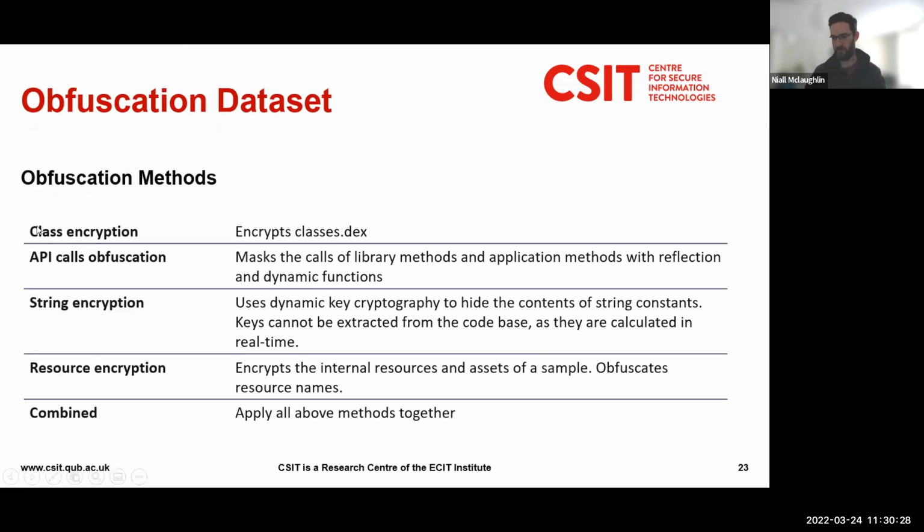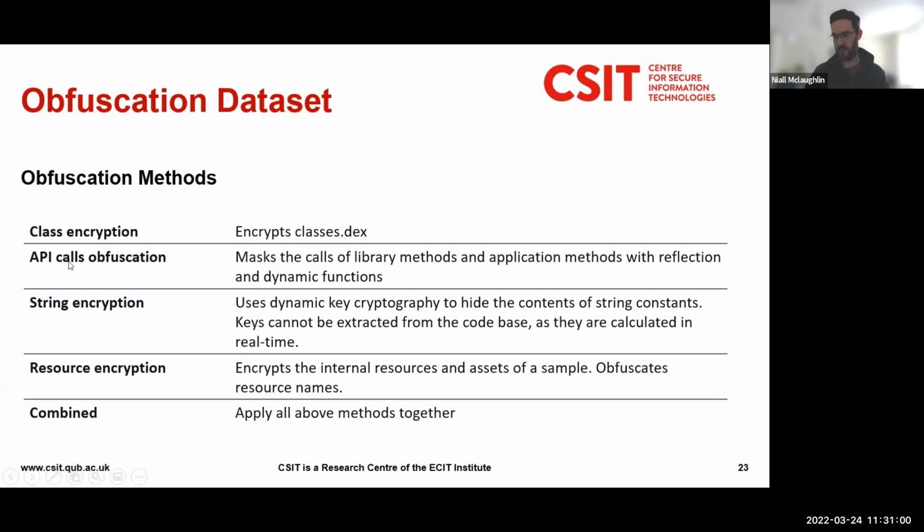So what are the different obfuscation methods? We have class encryption. The classes.dex is basically where all those opcode sequences are stored in the APK files, so we encrypt that in some way. We have different ways of obfuscating API calls. Programs need to call the operating system to do things, so there are ways to hide that. We can encrypt the strings. Every app has a bunch of strings in it, for example error messages, menus, anything you want to say to the user.